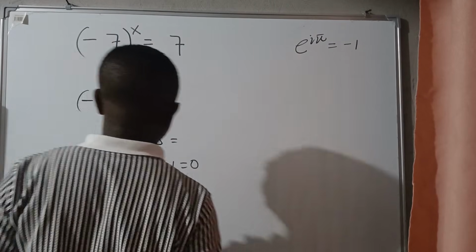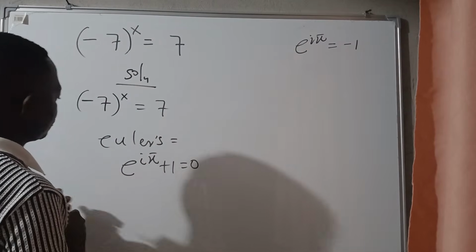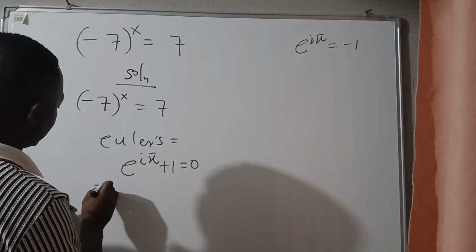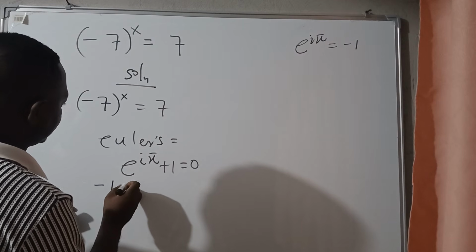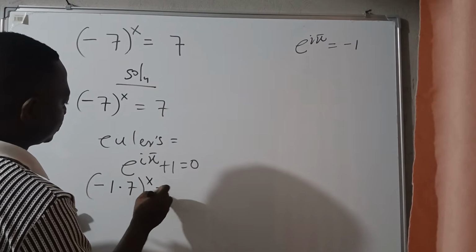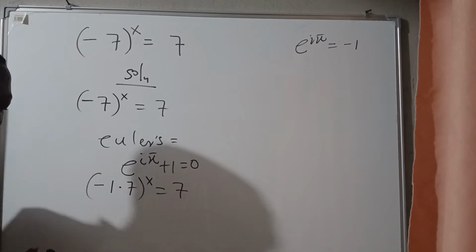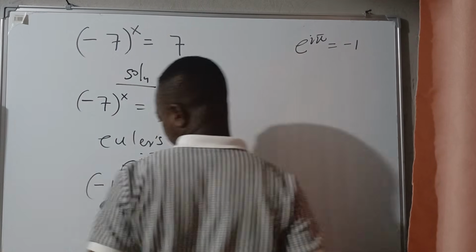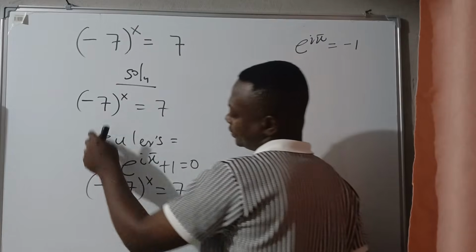Now, from here, I can say (-1 × 7)^x = 7. So let's observe this one carefully. Negative 1 times 7 is minus 7.